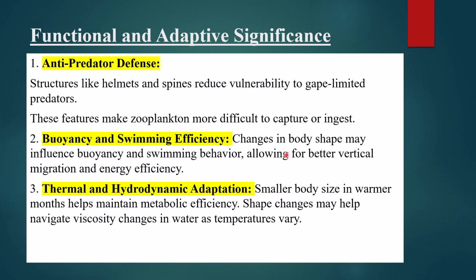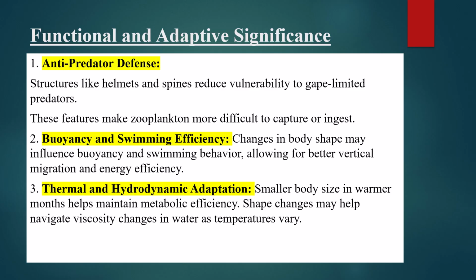The other adaptive significance is related to its buoyancy and swimming efficiency. Changes in the body shape influence the buoyancy and swimming behavior, allowing for a better vertical migration and energy efficiency. During the time when the body is extended, in summers the water density has been reduced, which results in a change in the buoyancy.